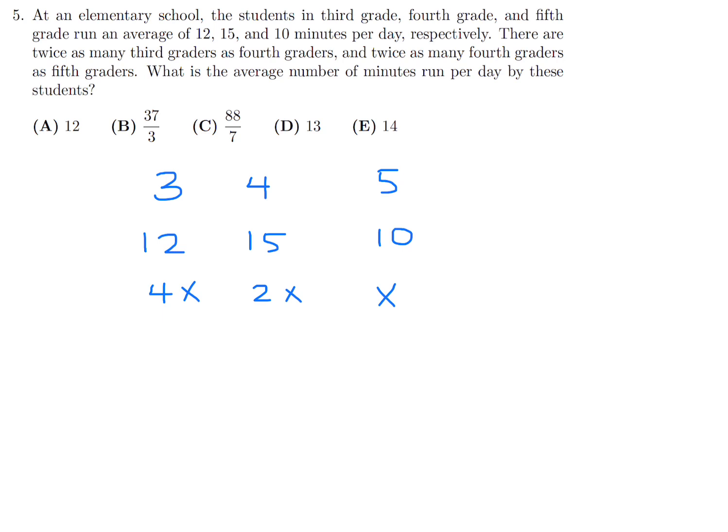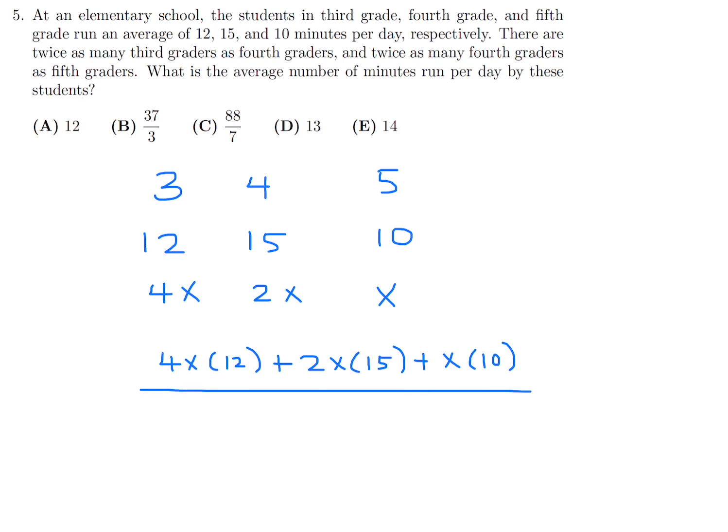So now we have to figure out this whole average, and that can be calculated as follows: 4x times 12 plus 2x times 15 plus x times 10. And then as always, to get the average, you have to divide by the total, which would be 4x plus 2x plus x.